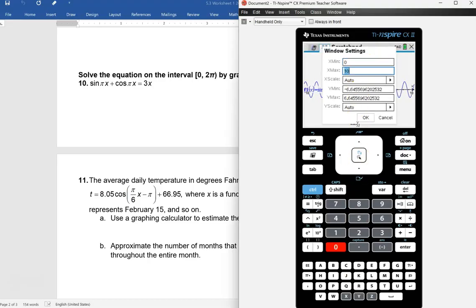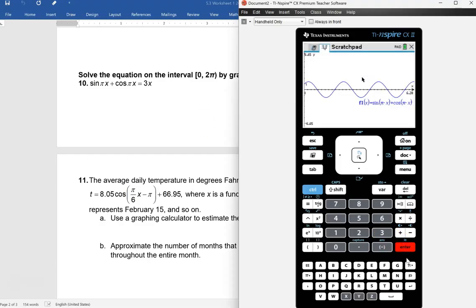That's what it says. Okay, so here we go. So this is it. And then when I press tab, I put 3x.